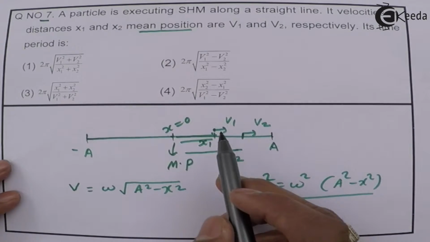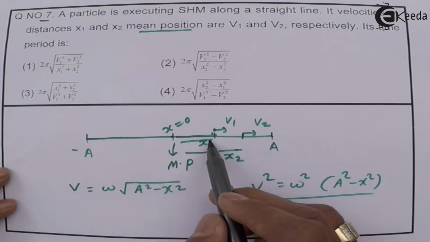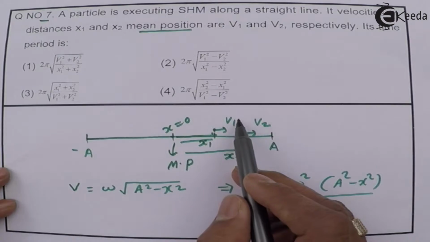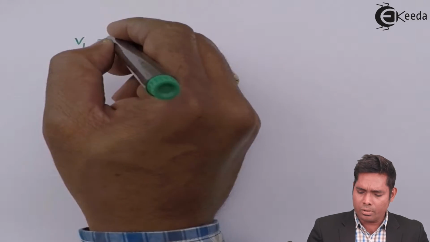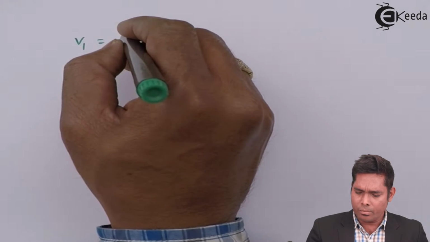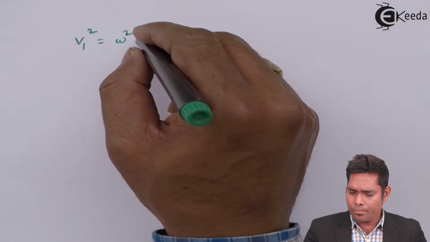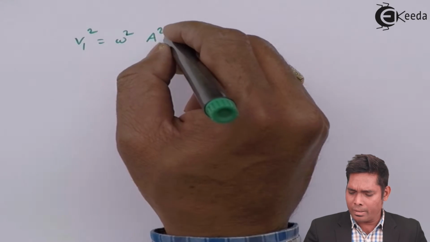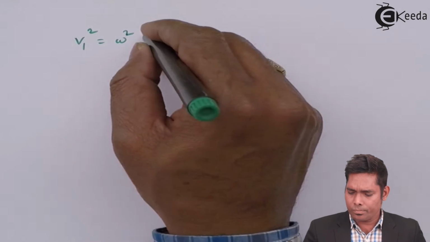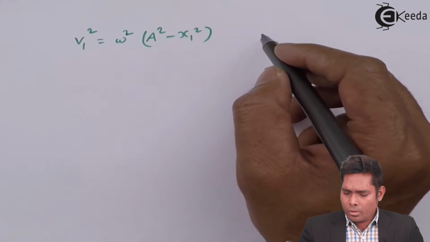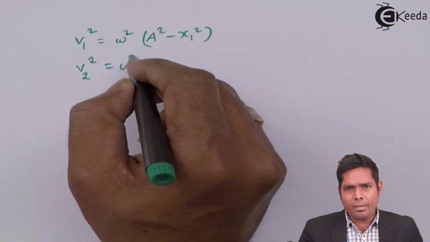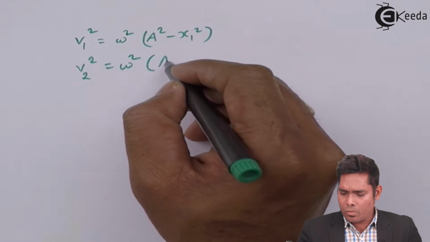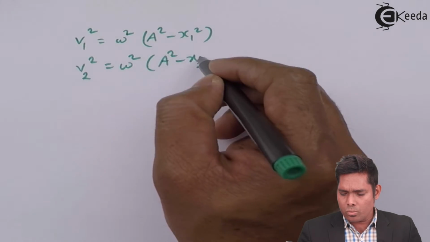For the point where the displacement is x1 and the velocity is v1, v1 square is omega square times a square minus x1 square. For the second one, v2 square is omega square times a square minus x2 square.